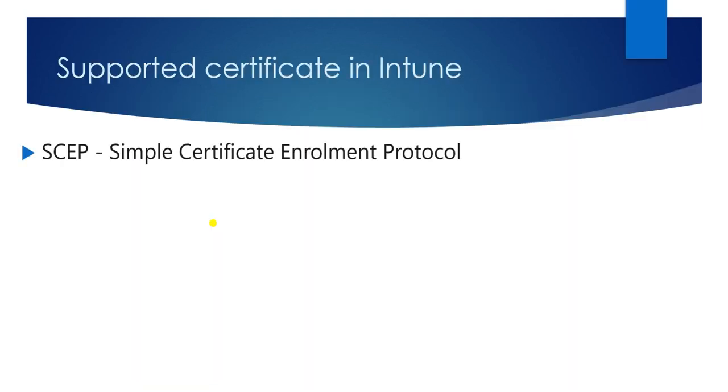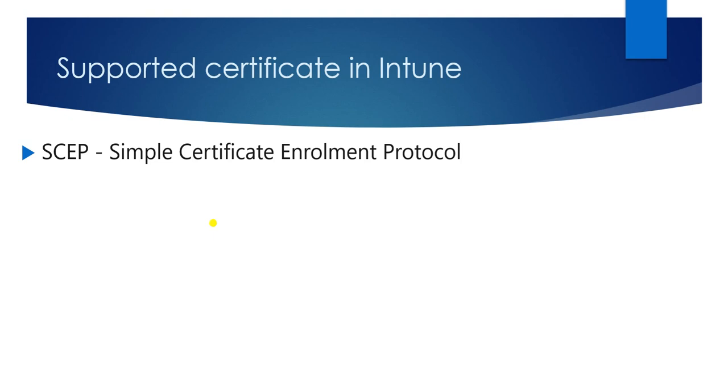So let me go to the next slide. What is here? It's supported certificates in Intune. What type of certificate is Intune going to support? One of them is SCEP. So mostly we're going to use the SCEP certificate to deploy via Intune. So what is the SCEP certificate?